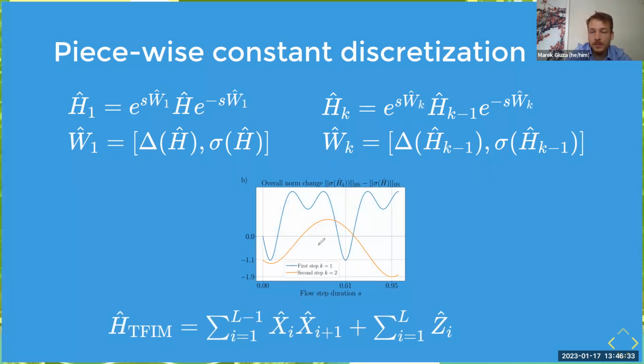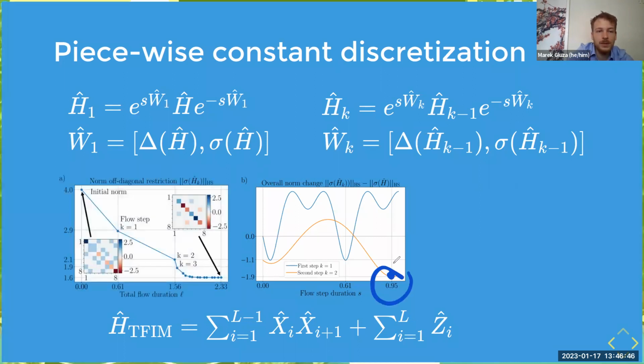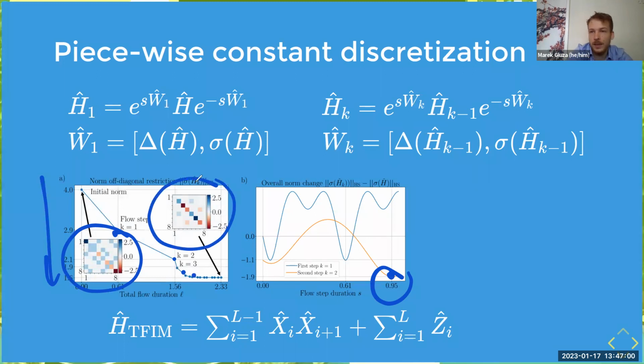But in the second step, I will be taking H1 as my initial step because it's recursive. And then for the H2, for k equals 2, I should actually take quite a long flow step. So if I do it many times, I have my first flow step, second flow step, and so on, I will be decreasing the off-diagonal norm of my matrix. That's how the Ising Hamiltonian on three sites looked in the beginning, and that's how it looks at the end.